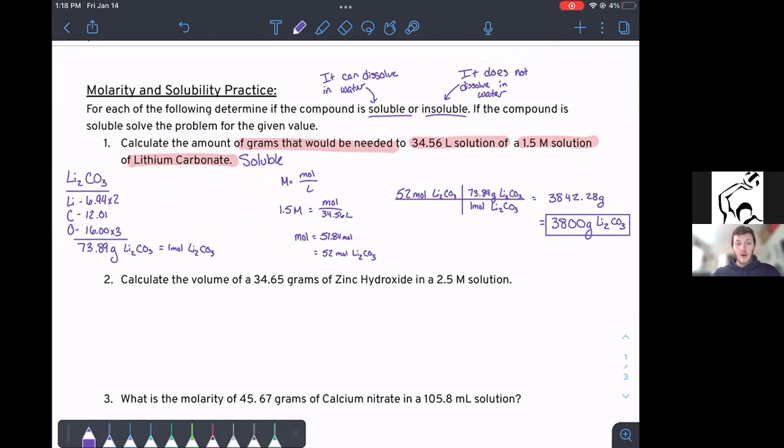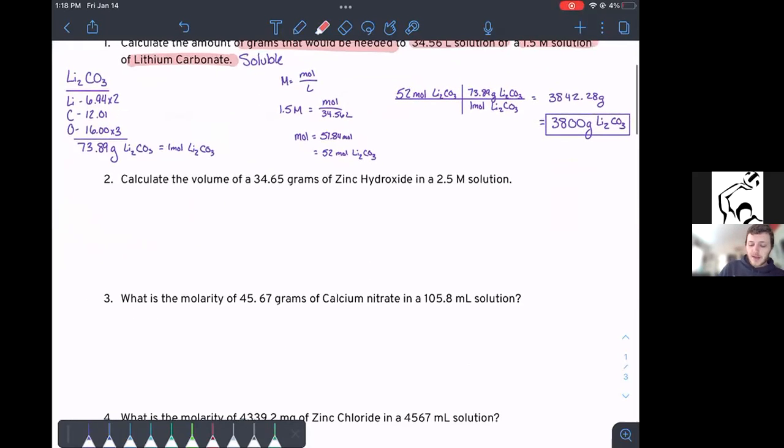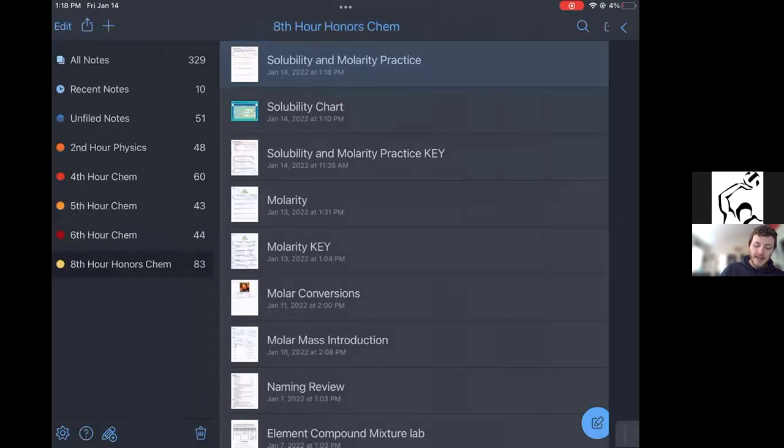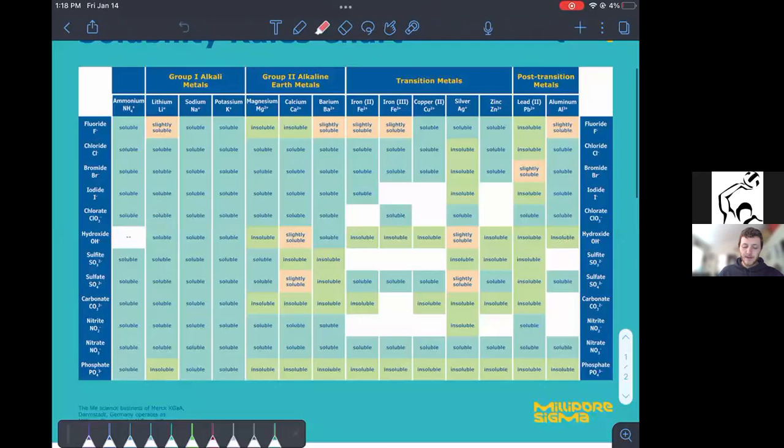Let's go ahead and look at one more just to be safe. So if we look at the next one, calculate the volume of the 34.65 grams of zinc hydroxide in a 2.5 molar solution. So let's go ahead and look at zinc hydroxide. And so we need to go back to our solubility table again. On our solubility table, we find zinc and we find hydroxide.